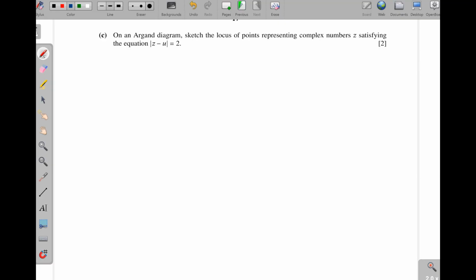Now, this therefore implies that z minus our u, which is -1 plus root 7i, is equal to 2. So this is a circle of radius 2 and center (-1, root 7), or you can say -1 plus root 7i.